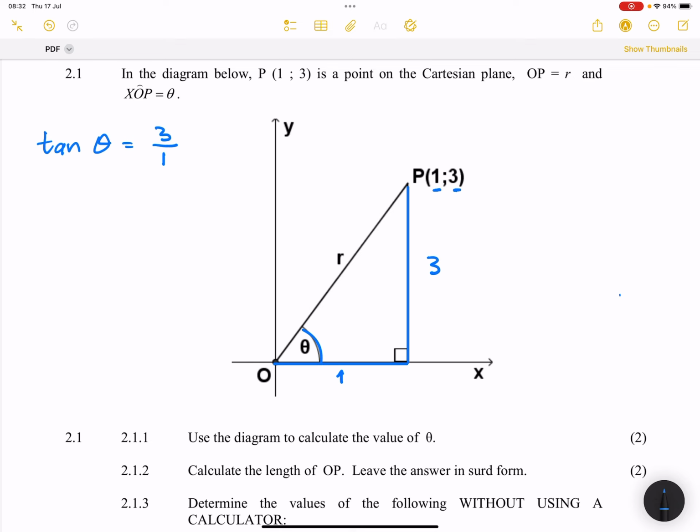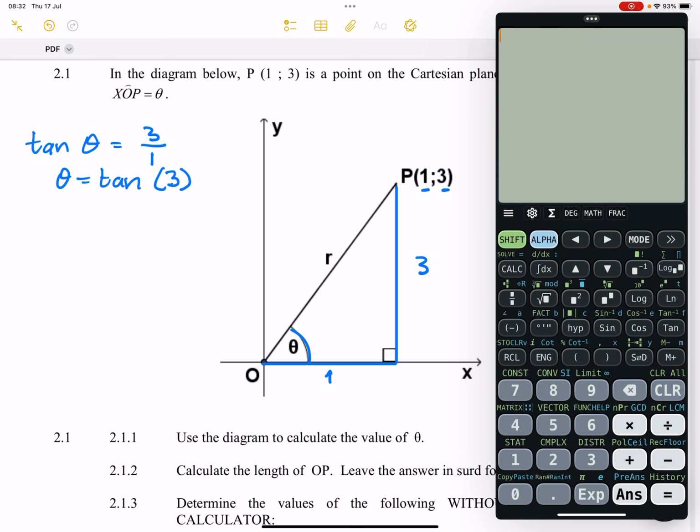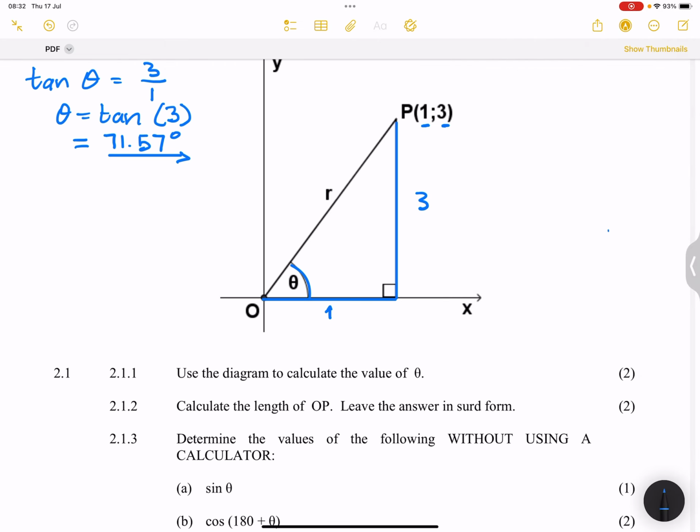And so theta would be the arctan of 3. Let's do that quickly. Shift tan of 3, and we get the value 71.57 degrees. So that is what we're going to get for that angle.